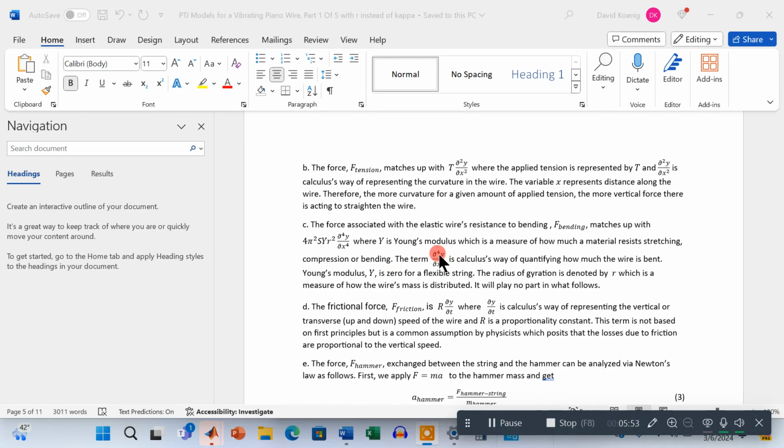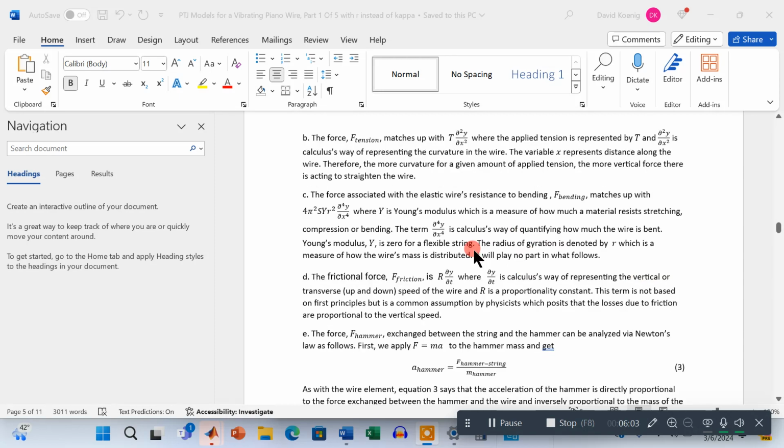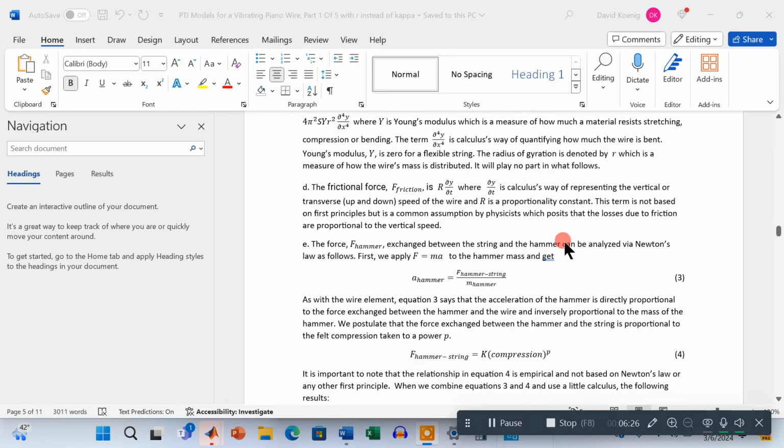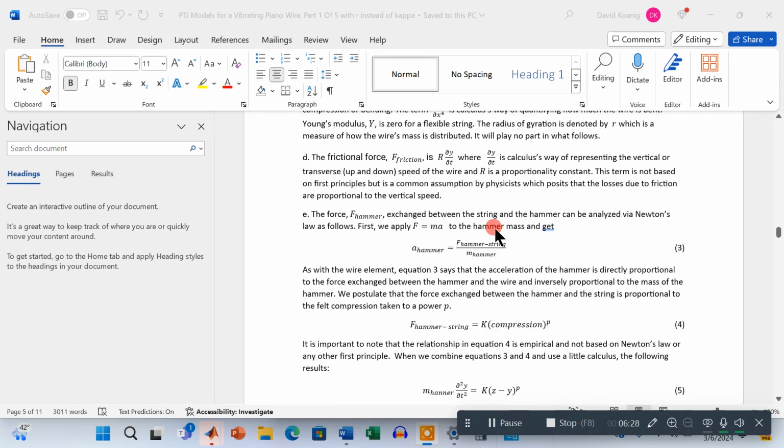And this fourth partial derivative of y with respect to x is a measure of how much the wire is bent. Okay, this is the force due to friction, F sub friction. And there's R times the partial of y with respect to t, time. And this partial of y with respect to t is the speed. Calculus is a way of saying the speed.